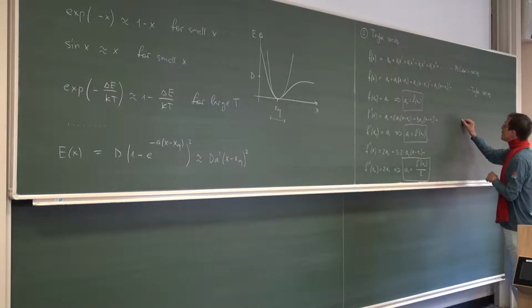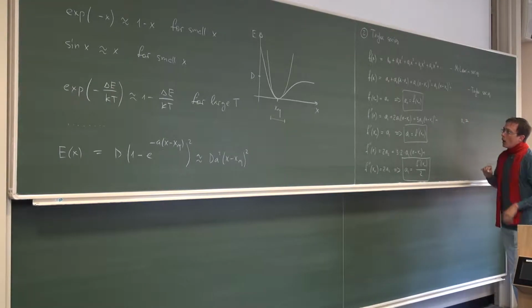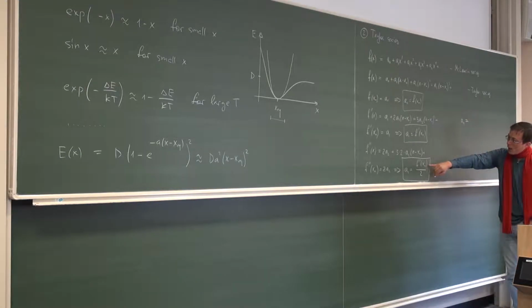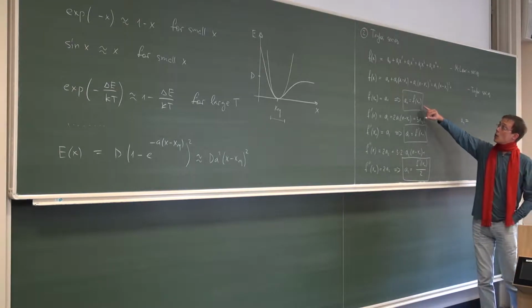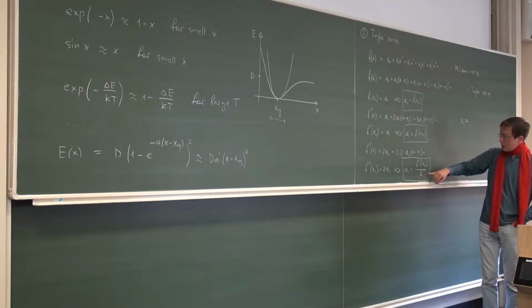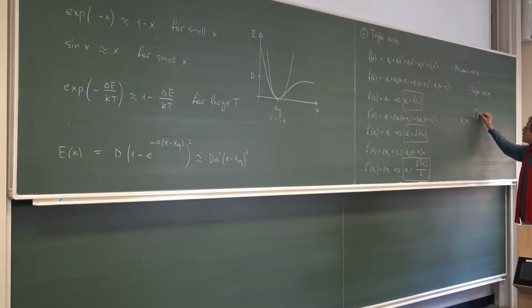So what is an? Every time we are differentiating, we get a higher and higher derivative of f. a0 was the zeroth derivative, a1 is the first derivative, a2 is the second derivative. So clearly this will be the nth derivative of f, computed at the point x0.